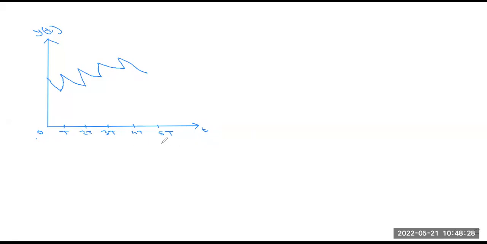Now I have written the equations here. Both equations are very important. Now we have to calculate the pulse transfer function.